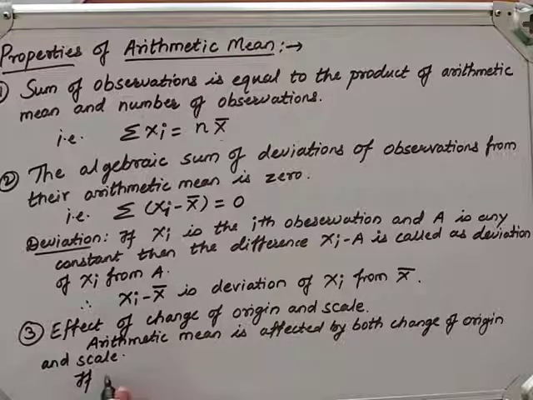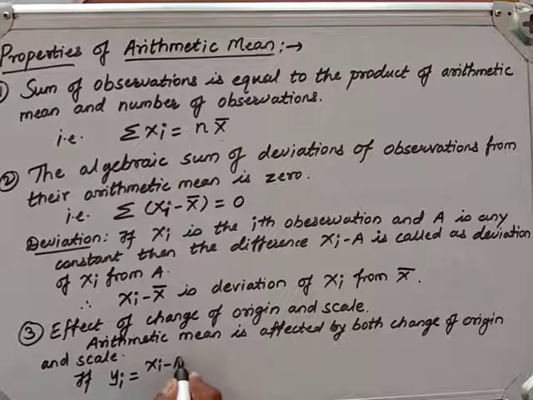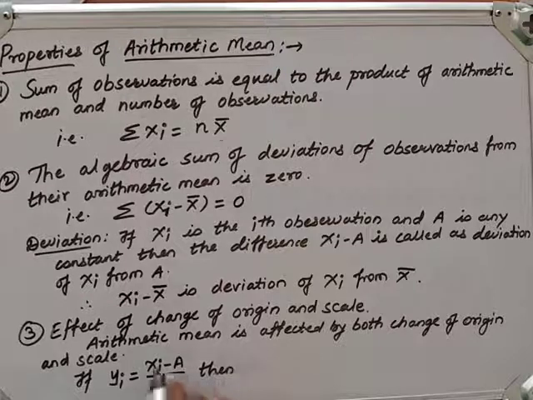Let me write the result. If suppose yi is equal to xi minus a upon h, then according to this we get y bar also.